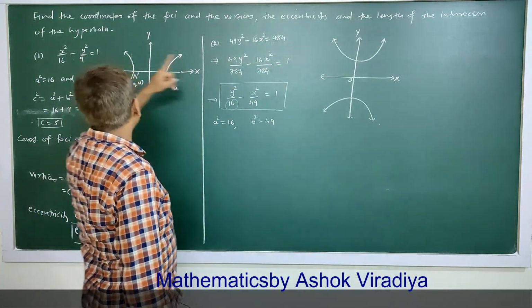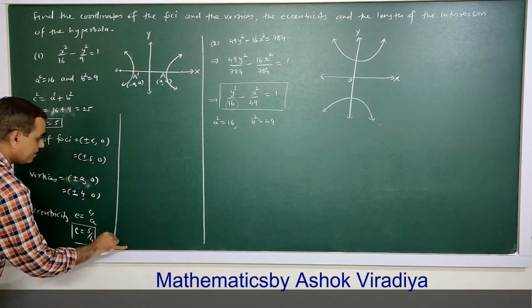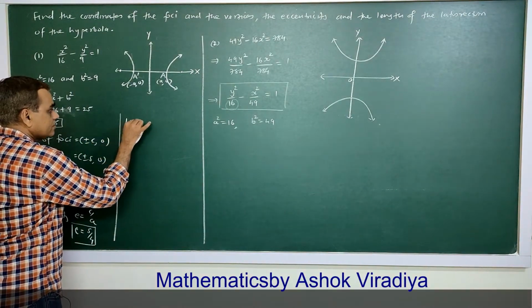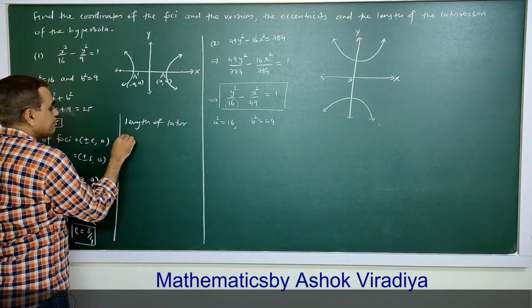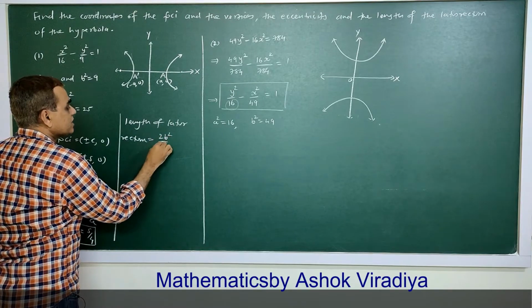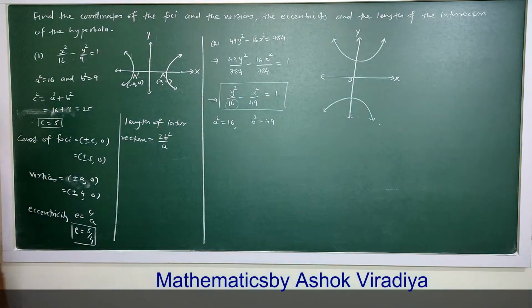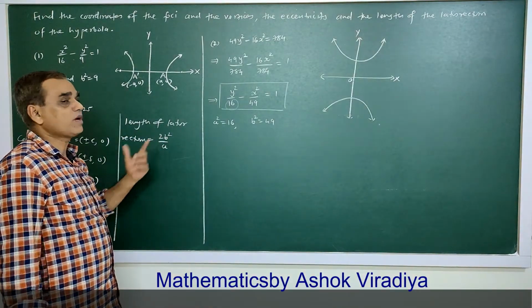Length of latus rectum. The formula is the same as in the ellipse. The length of the latus rectum of a hyperbola is 2b square by a.